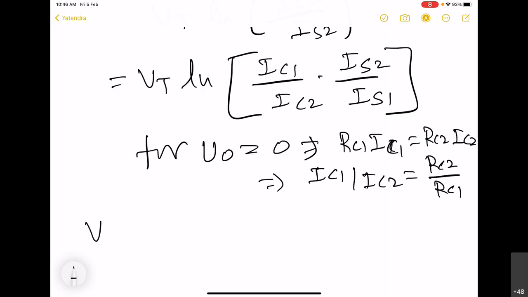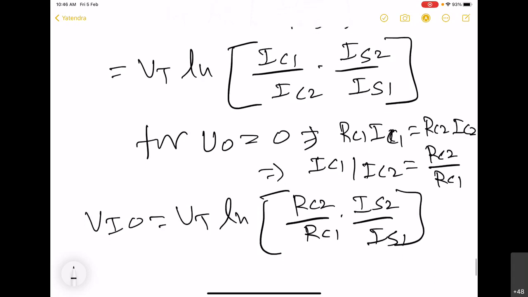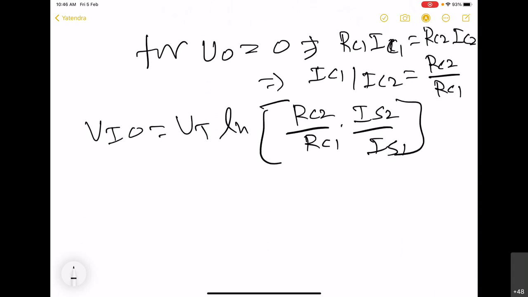So this voltage now becomes VT ln of RC2 by RC1 into IS2 by IS1, right?